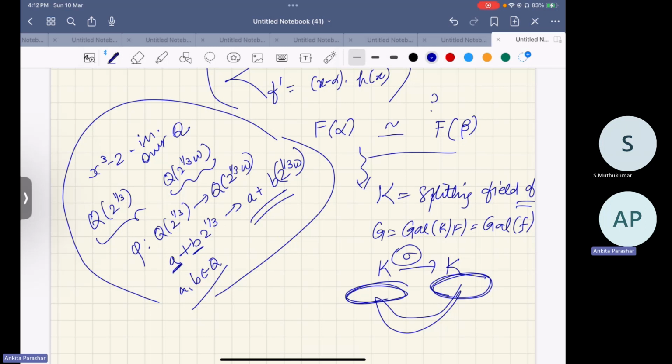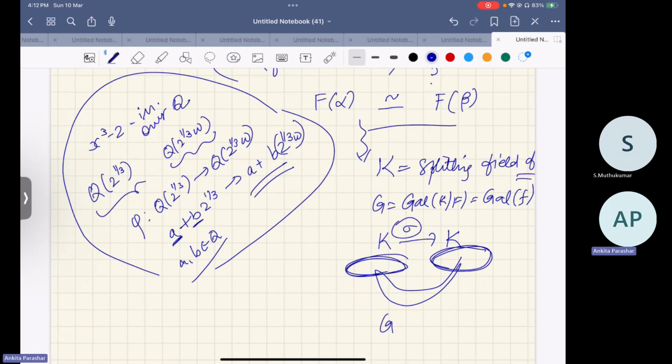One root is mapped to another root. Therefore, your Galois group is a transitive subgroup.